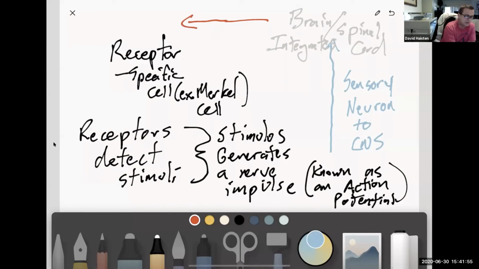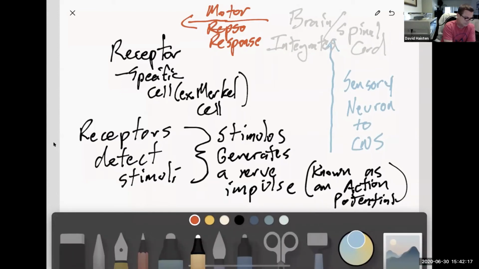So what will be sent out is a motor response to an effector organ.